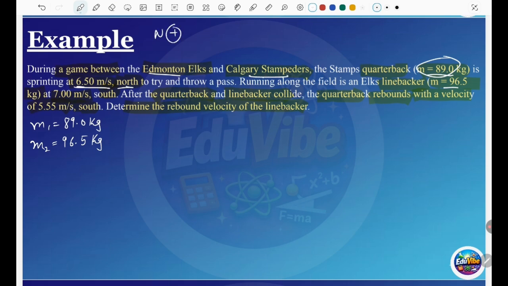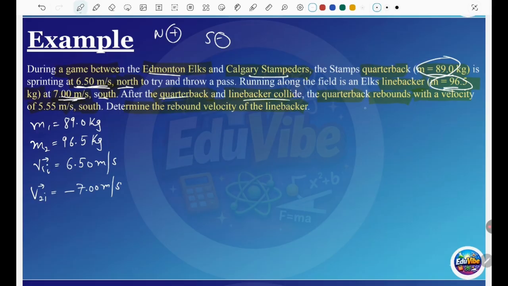We take north as positive and south as negative. So V1I, the initial velocity, is 6.50 meters per second, positive. Mass 2 goes at 7.00 meters per second in the south, so we take it as negative. So V2I is negative 7.00 meters per second.